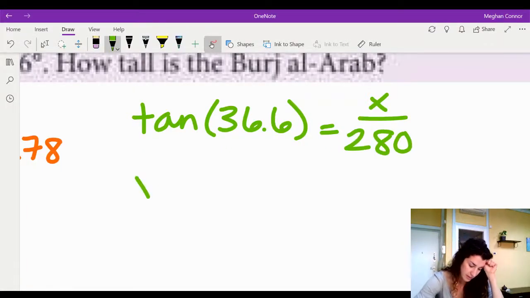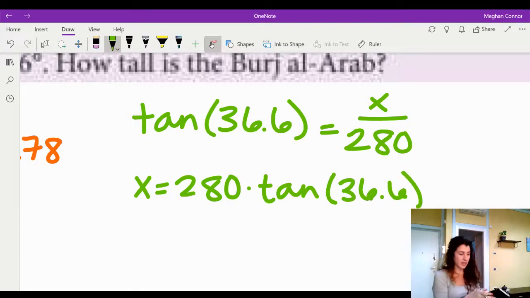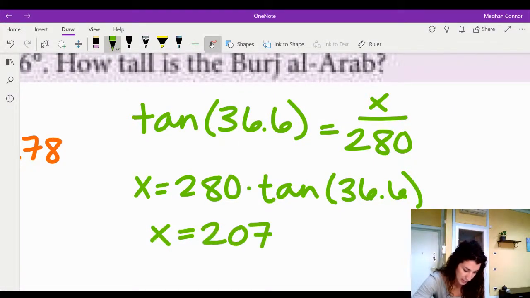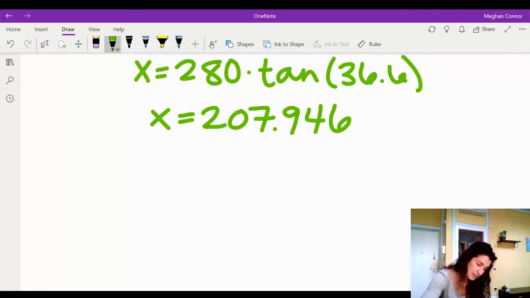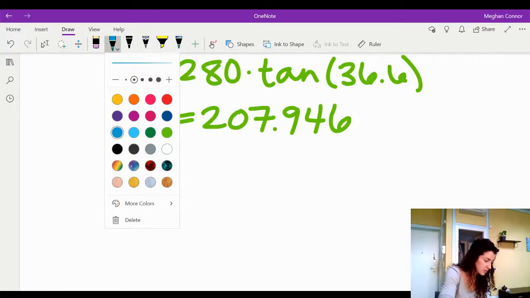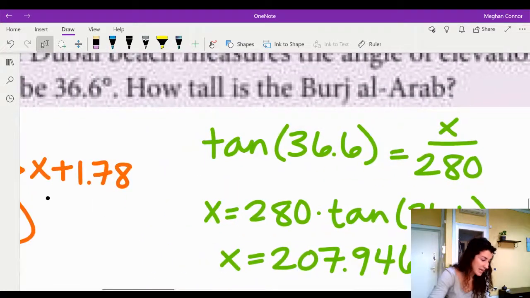So solving for x, I got 280 times tangent of 36.6. I get that x is equal to 207.946, which means that the hotel height plus 1.78, right?